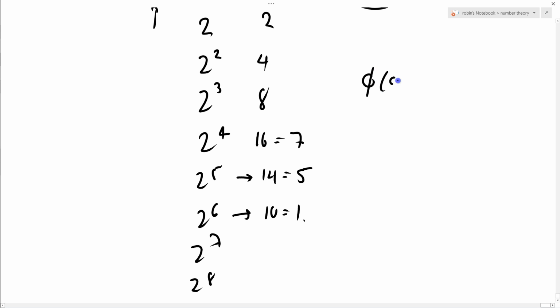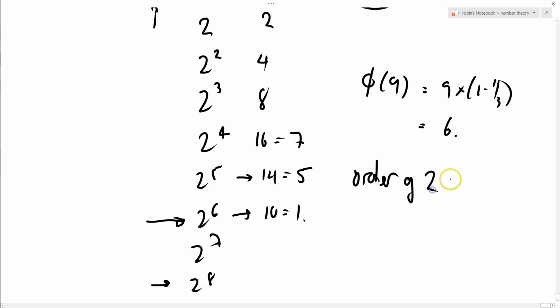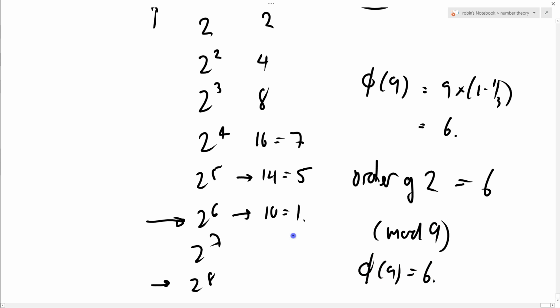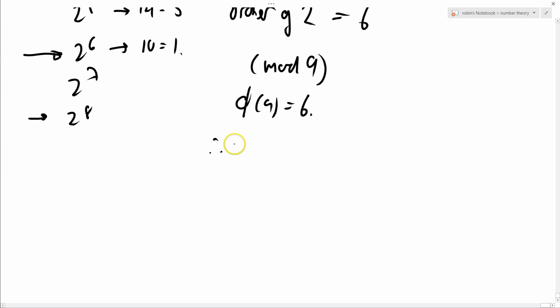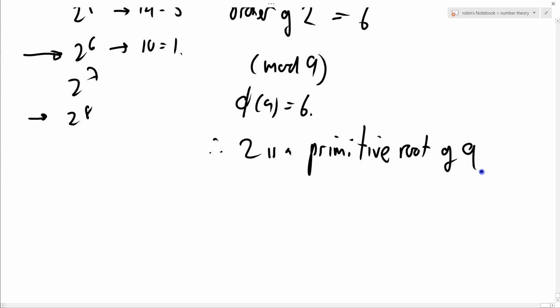And of course, phi of 9, I was thinking phi of 9 was 8, but it isn't, it's 9 times 1 minus 1/3, which equals 6. And we know that the smallest power of 2 that gets you back to 1 is 6. So the order of 2 equals 6, modulo 9, and phi of 9 equals 6, therefore 2 is a primitive root of 9. So it's got a root.